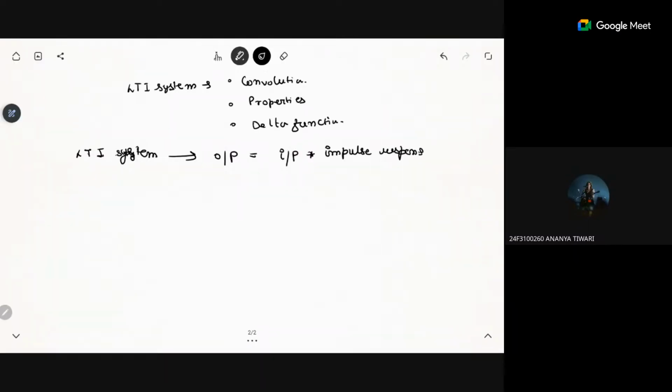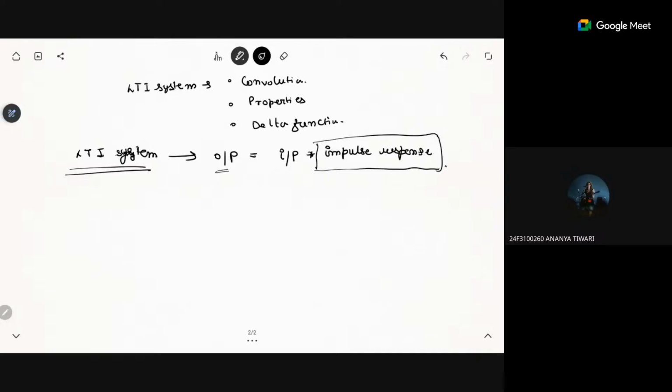That's true for every LTI system. So every LTI system has some impulse response.